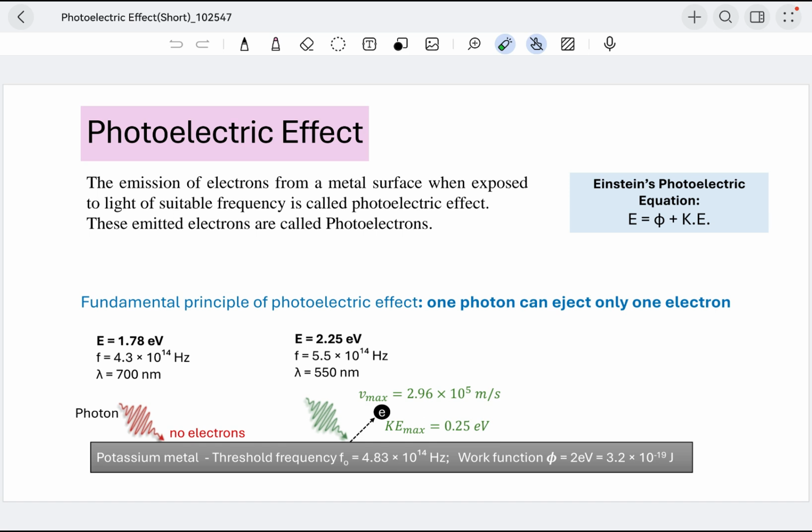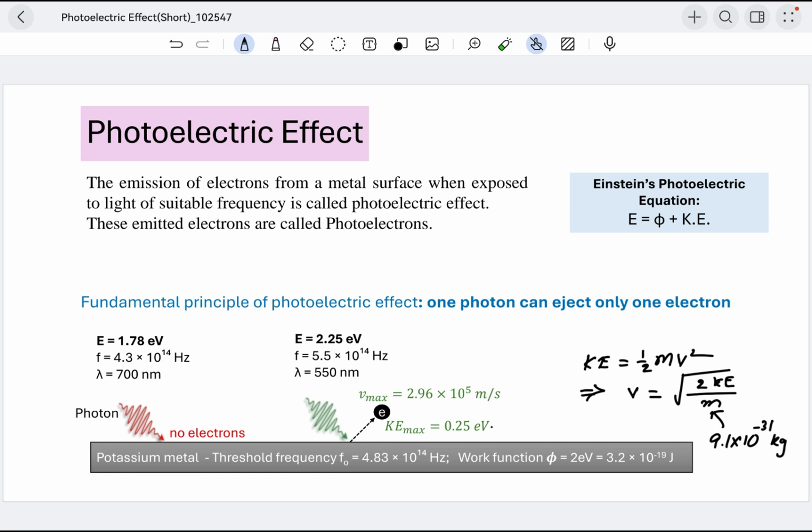How did we get this? It's very simple. We know the formula, kinetic energy equals half mv squared. From this we can write v equal to root of 2 KE by m. This is the formula we can use. So we need the mass of the electron here; without this we cannot find it. It's around 9.1 times 10 to the power of minus 31 kg.